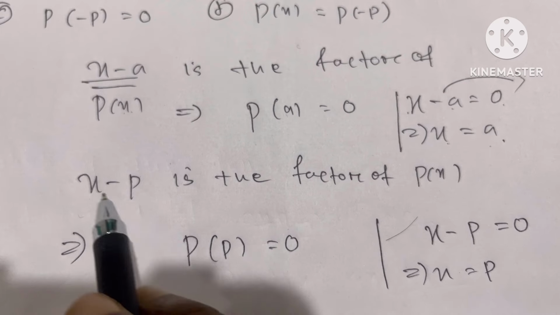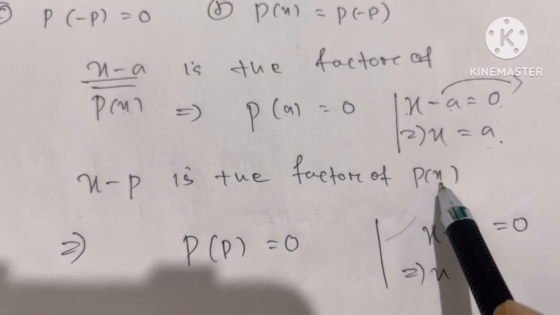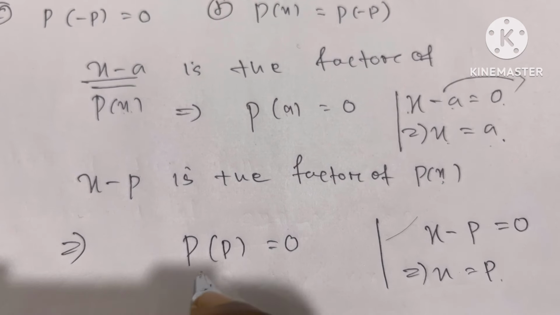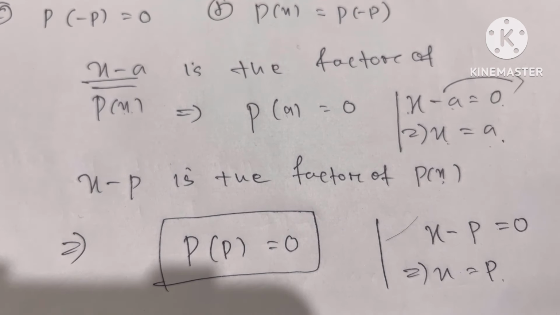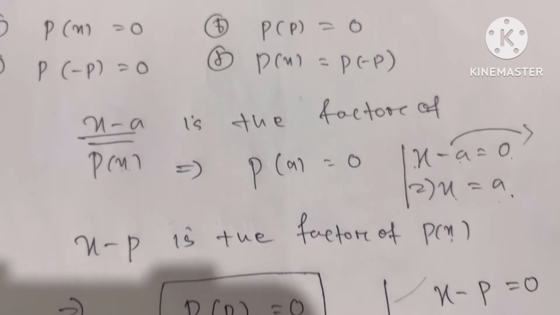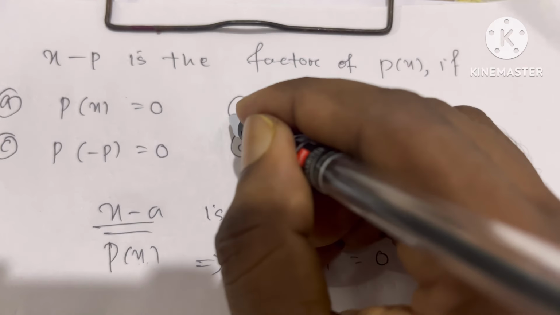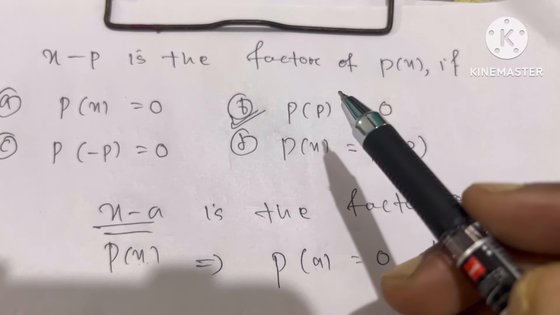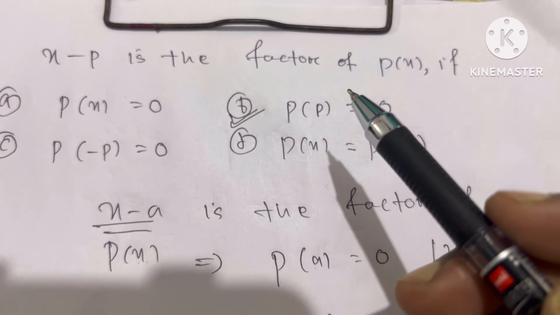Now in place of x, we put p, because the x value I got is p. Yes or no? So that's why p of p is equal to 0. So which option will be correct? Option B. From the factor you find the value of x, then you put the value of x, then you get the answer.